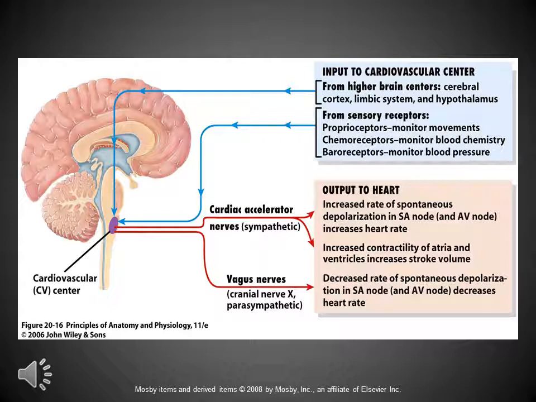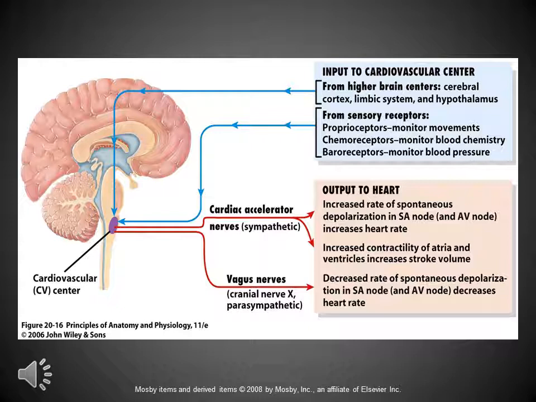On the basis of the information that is inputted into the cardiovascular center, it's then going to do one of two things. It's going to send information out to the cardioacceleratory nerves, the sympathetic system, which is going to increase force of contraction as well as heart rate, or it's going to try the brake and it's going to send out impulses through the vagus nerve.